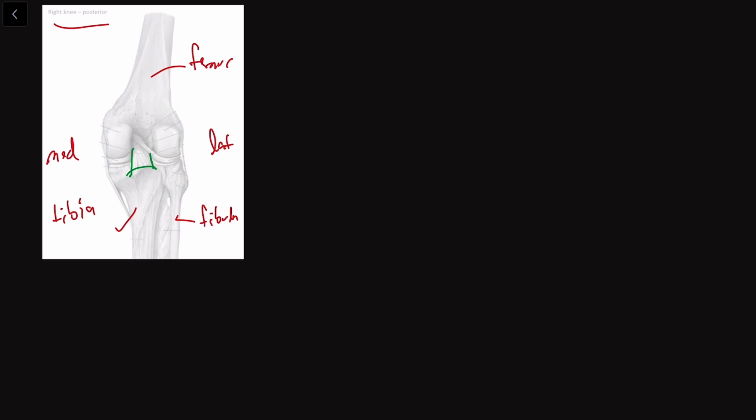So you basically have this ACL, I'll write this in, anterior cruciate ligament, that goes from the proximal side of your tibia up, and it connects into the anterior side, or the front side, of this femur on the distal side of it. I know that might be a lot to take in.